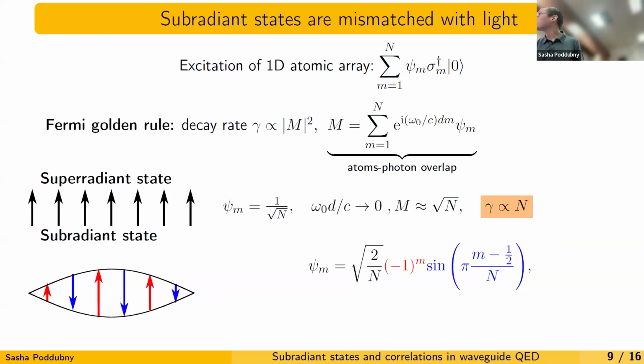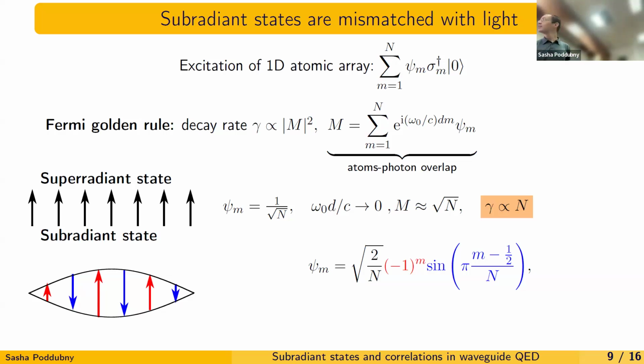Maybe I'll skip this, it's another way to think of that. You have all your dipoles on the same atoms. If they're in phase, this is superradiant, and if they're out of phase, if the relative phase is pi, then this is subradiant. You have a huge momentum mismatch.